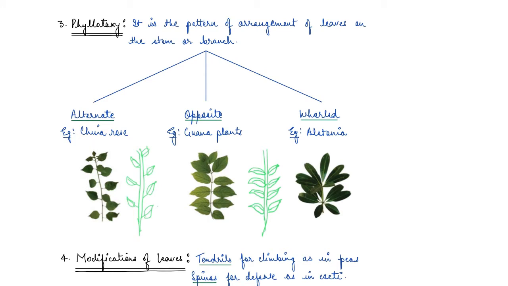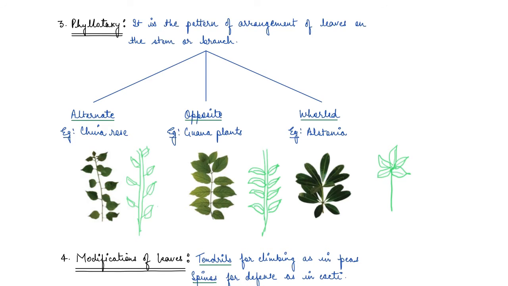In some cases the leaves are whorled, wherein all the leaves are attached at one common point. If leaves are arranged like this, as in the case of Alstonia, it is whorled. So there are three different patterns of arrangement of leaves.